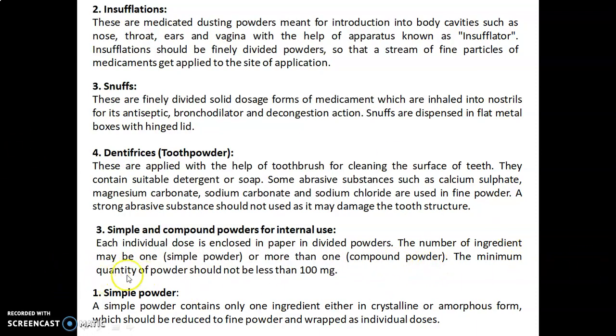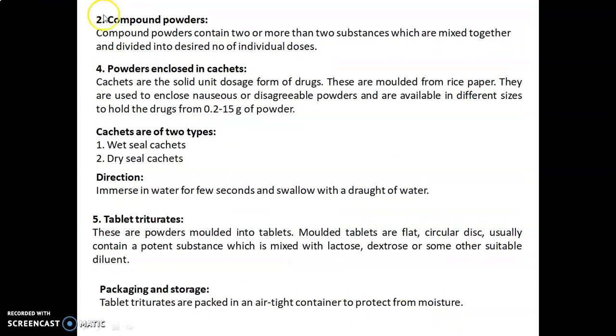The minimum quantity of powder should not be less than 100 milligram. Simple powder: a simple powder contains only one ingredient either in a crystalline or amorphous form, which should be reduced to fine powder and wrapped as individual doses. Compound powders contain two or more substances which are mixed together and divided into the desired number of individual doses.